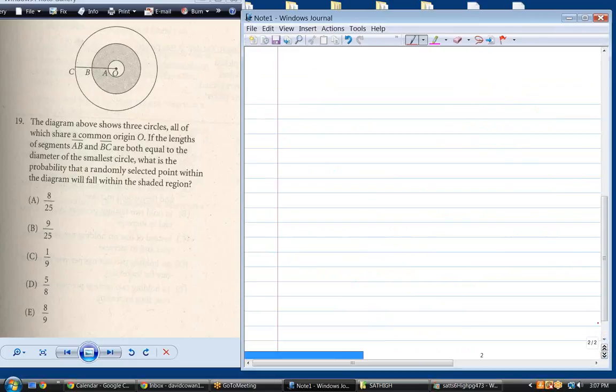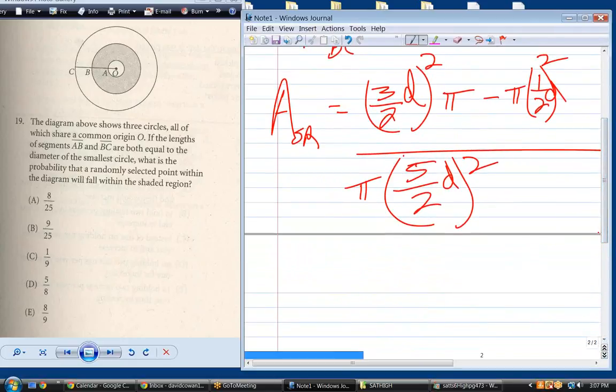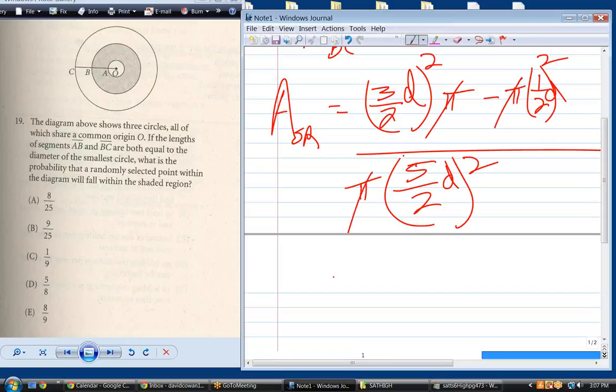Okay. So now we can see that all of our D squareds are going to go away. Our pi's are going to go away.